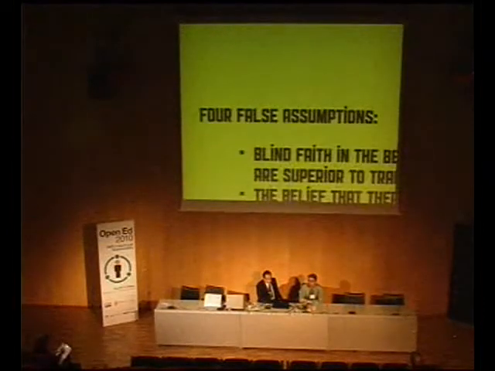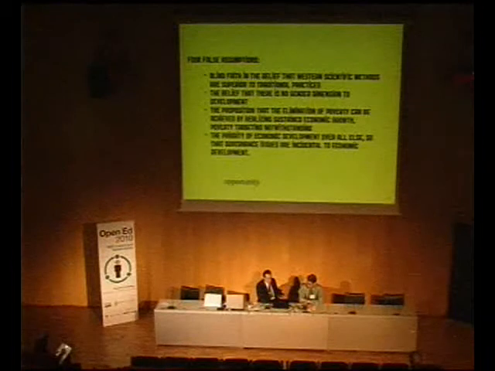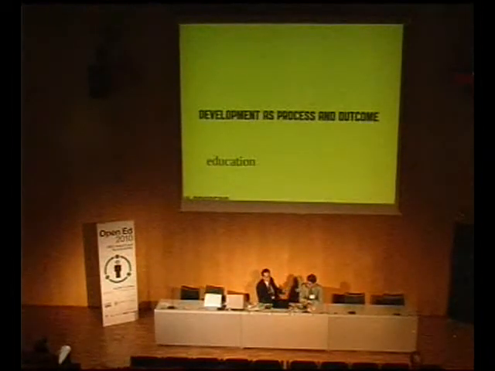I like what Joseph Rimini has done. He looked at 4 false assumptions about development, and I want to get to his definition, so I'm going to go through this. He looked at development as both process and outcome. So development is a series of processes, and development also is certain outcomes.